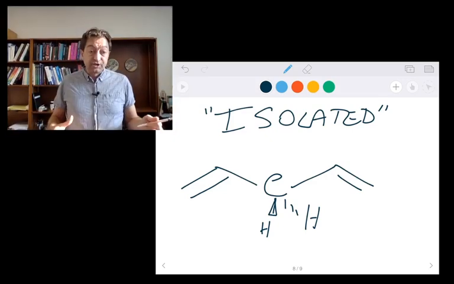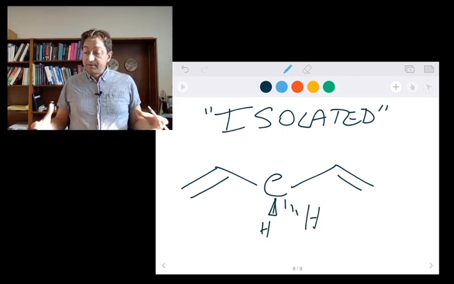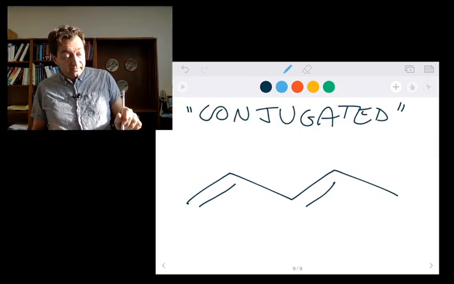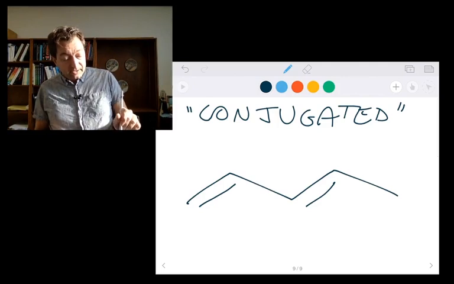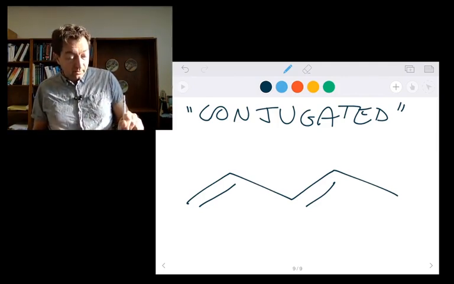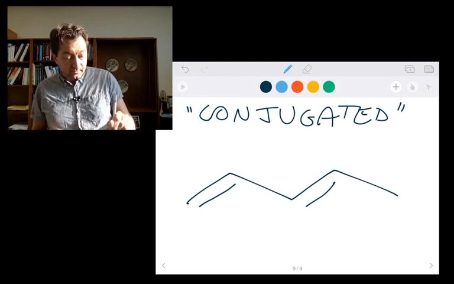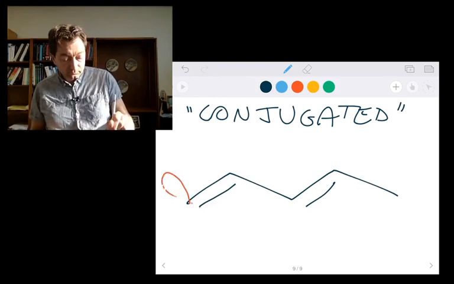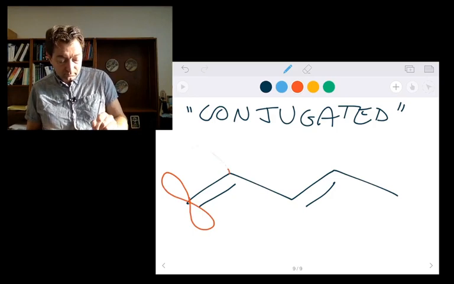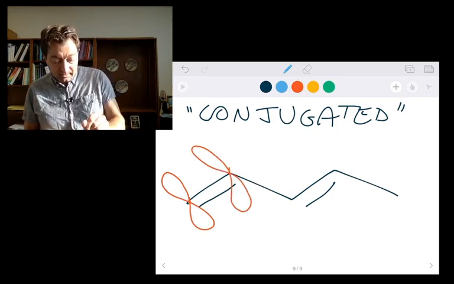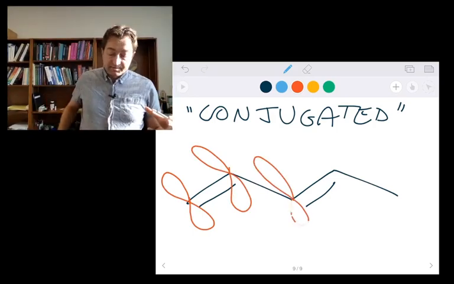Here, these are conjugated. And if we think about what this really means, it means that the orbitals that are forming each of these pi bonds, right, we have an unhybridized atomic p orbital on each one of these carbon atoms. I can draw them in here, and I'll show you a figure out of the textbook in a second.